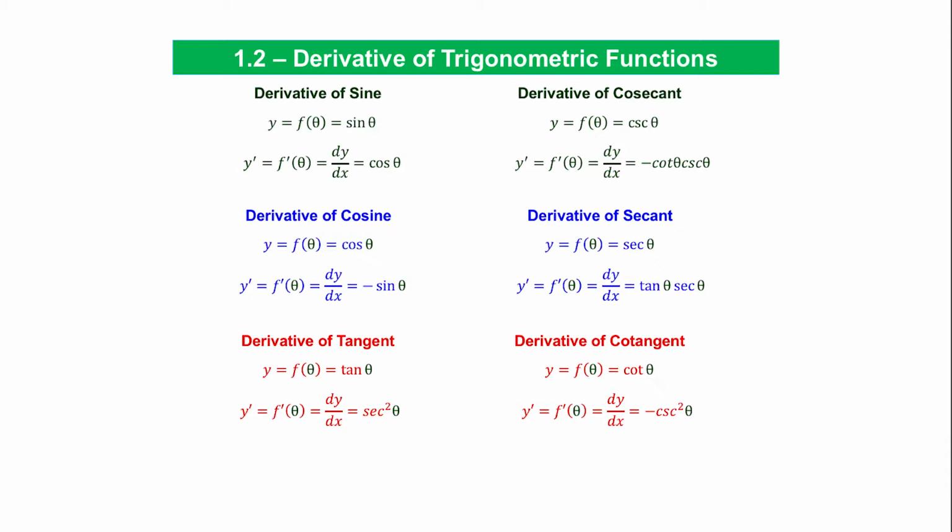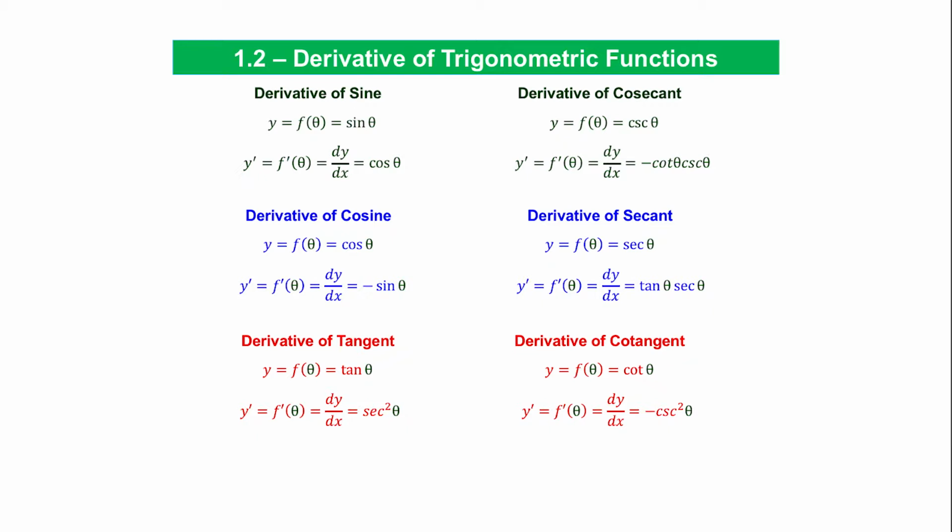Then the reciprocal of cosine theta, which is the secant, if a function is given as y equal to secant theta, then the derivative of that function will be dy/dx equal to tan theta multiplied by secant theta.